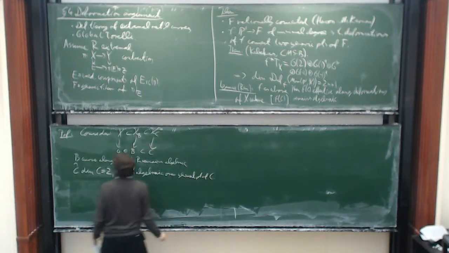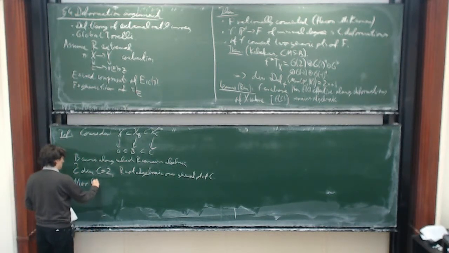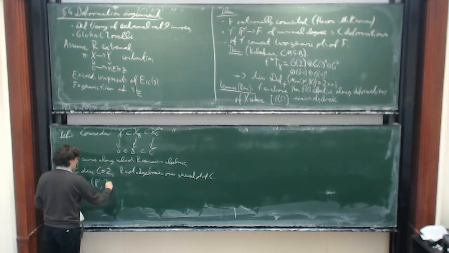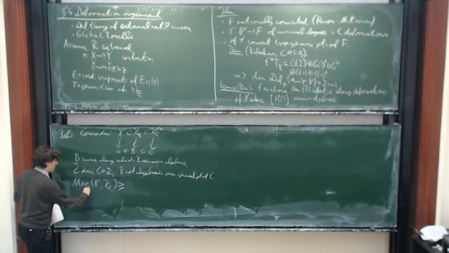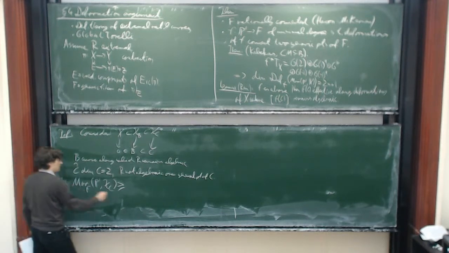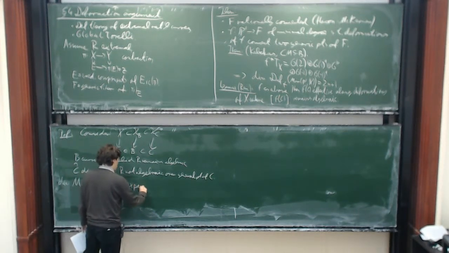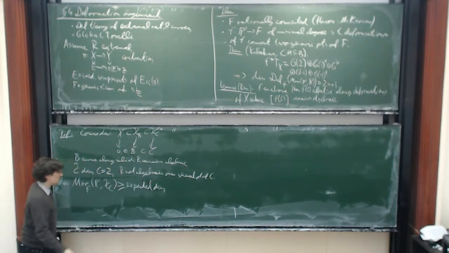Now if you look at the space of morphisms from P1 to X_C that contains f, then the dimension is at least equal to the expected dimension, which is the dimension of X_C.